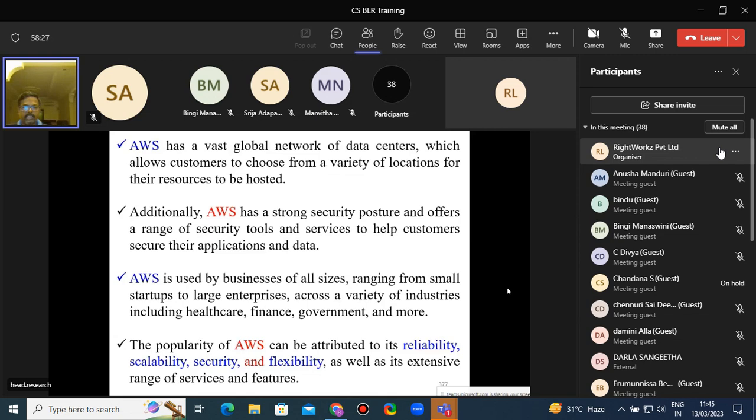The popularity of AWS can be attributed to its reliability, scalability, security and flexibility, as well as its extensive range of services and features. Amazon Web Services is a famous infrastructure as a service cloud.